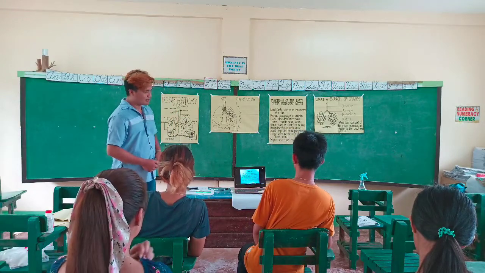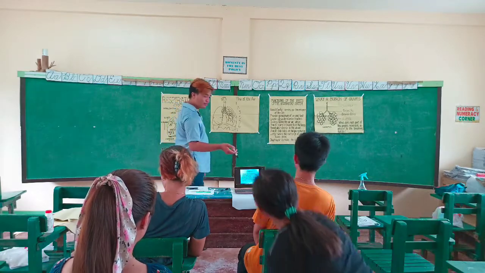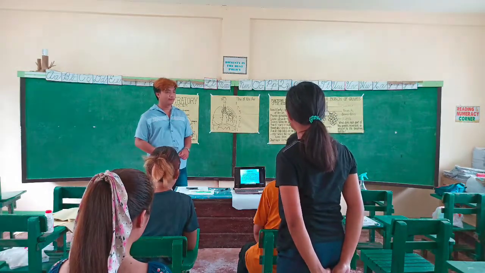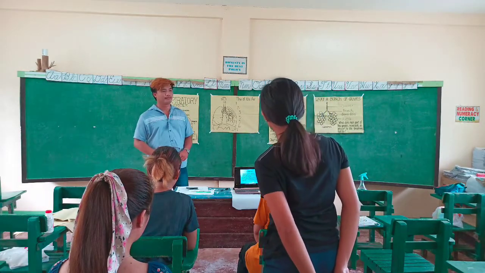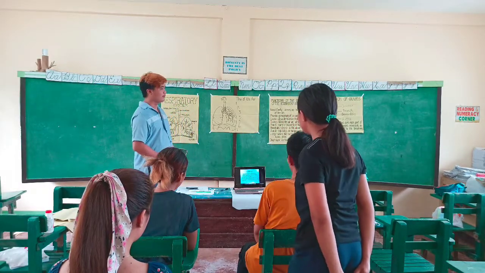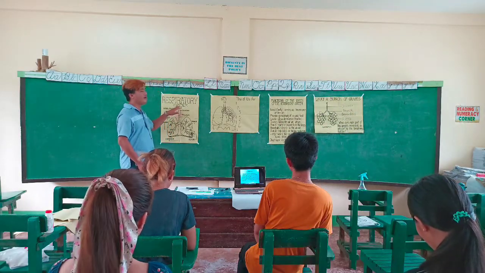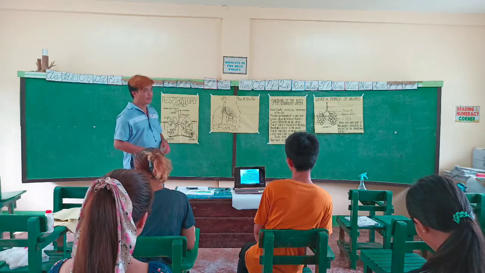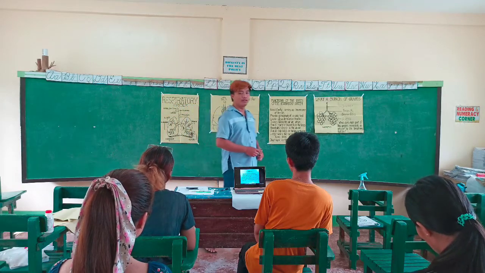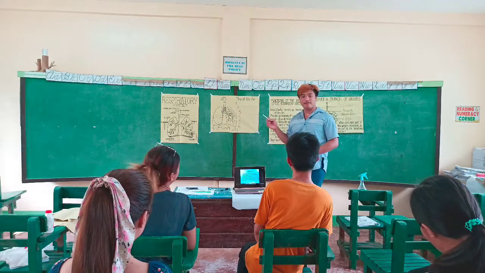the pharynx. You can read from the slide. Yes, Bea. Pharynx. It has an essential role for both respiratory and digestive system. It carries air, food, and fluid down from the nose and mouth. So this part, which is the pharynx, has an important role, not only in our respiratory system, but also in our digestive system.